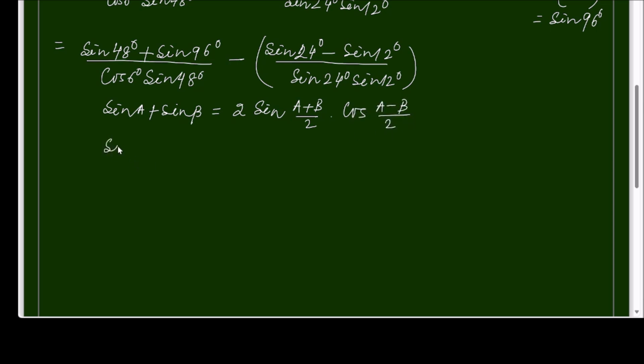And for the second one in the numerator, I'll apply sine A minus sine B, that will be 2 cos (A + B)/2 sine (A − B)/2.